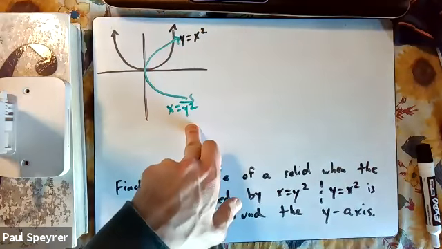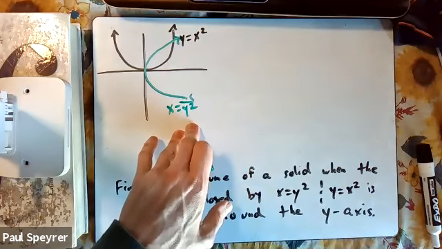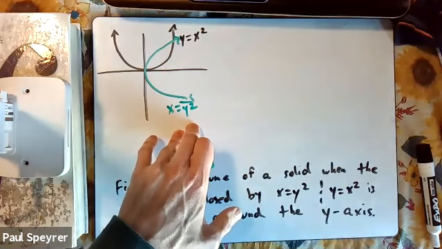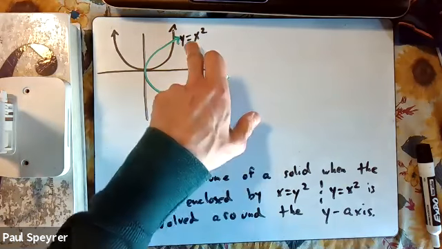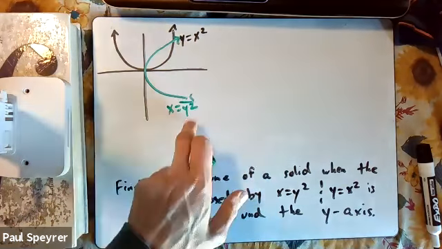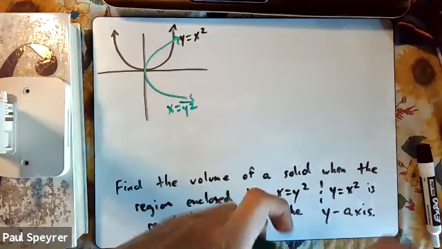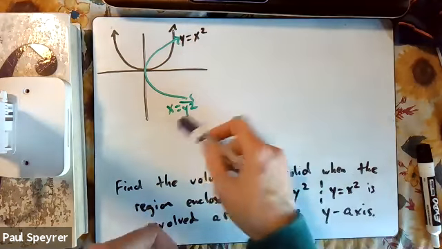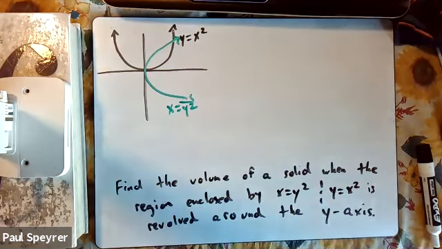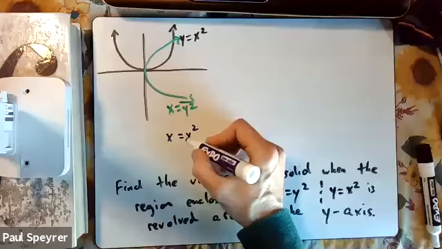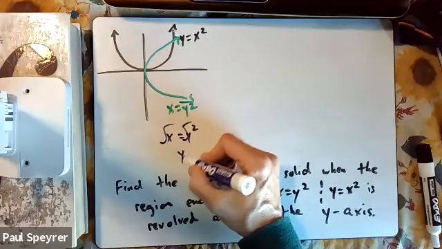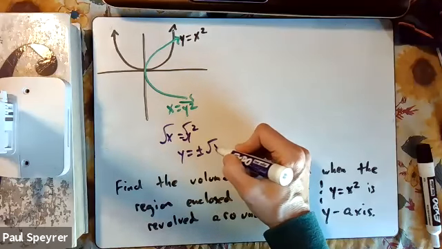Now remember a trick that I mentioned to you all: if you're having issues graphing some equation where y is raised to some weird power besides one, like this, take that equation and solve for y, right? Let's say you don't know what x equals y squared looks like. You have no idea. If you take this thing and solve for y, you get y equals plus or minus the square root of x.